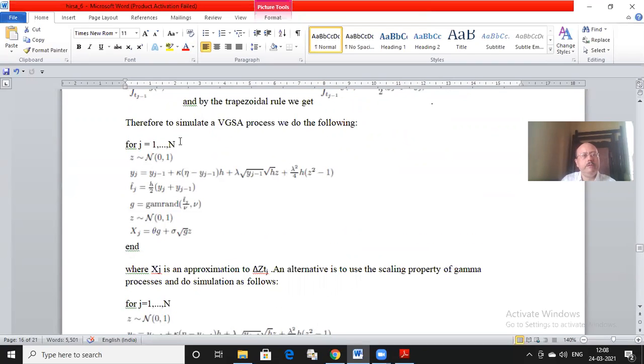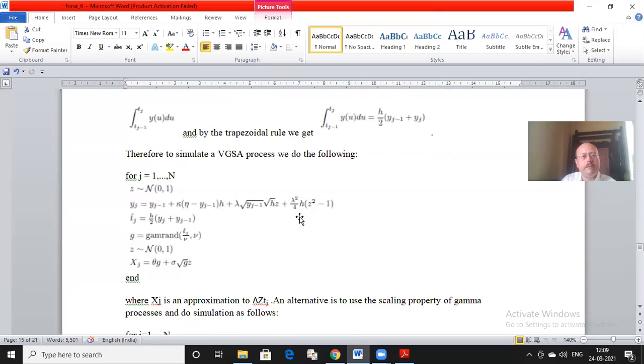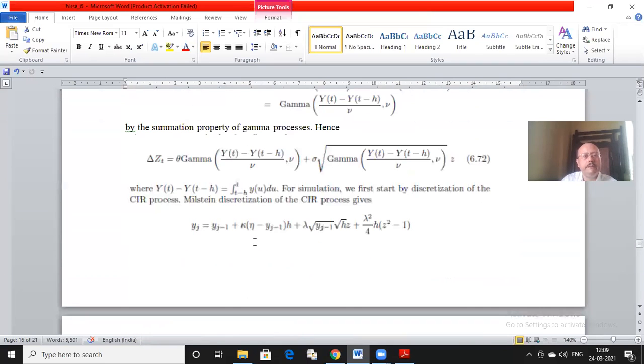So again, for j equal to 1 to n, we will generate a normal random variable. Yj will be given by yj minus 1 plus this thing. This is the Milstein scheme, as we have discussed, where tj hat is given by this trapezoidal rule integral, the new time. G is a gamma random variable with parameters tj hat by nu, comma nu, because tj hat is going to be put in here.